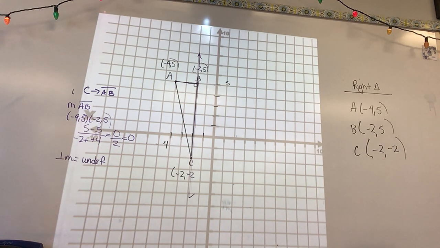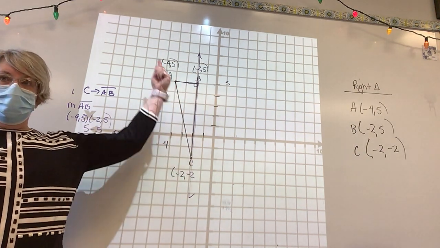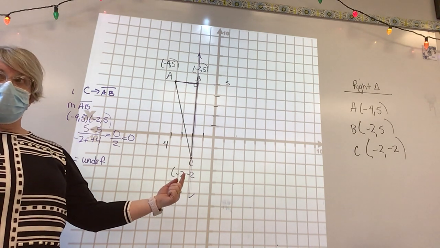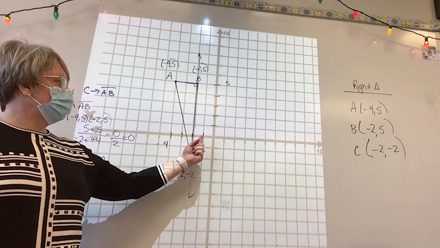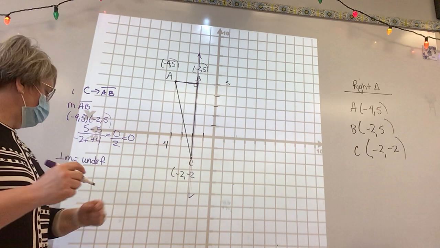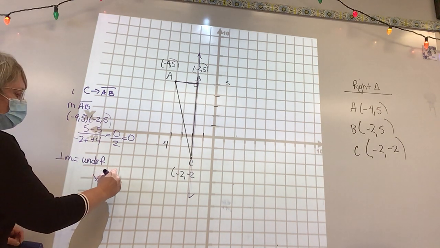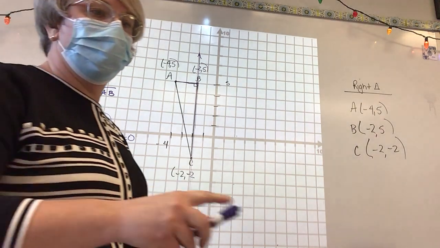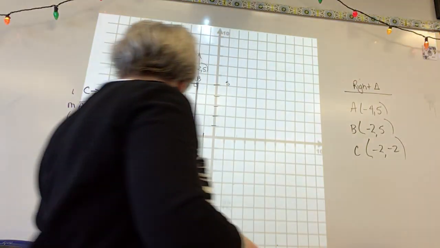Good so far? What's the equation of a vertical line? X or just Y? Just X, excellent. Where does it cross the x-axis, everybody? So my equation is x equals -2. There's no point slope form. There's nothing when it's a vertical and horizontal line.